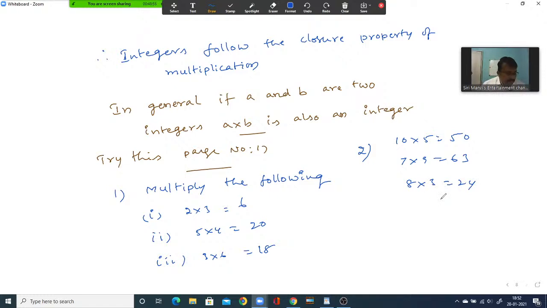So is the product of two whole numbers always a whole number? Yes, it is a whole number. That's why whole numbers also satisfy closure under multiplication. This was done in the previous classes.